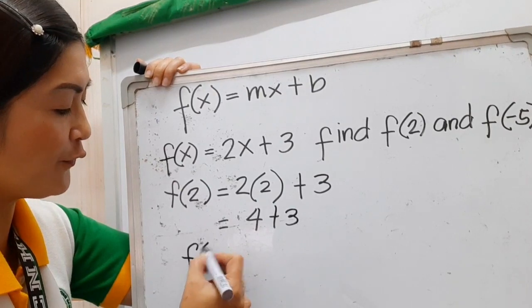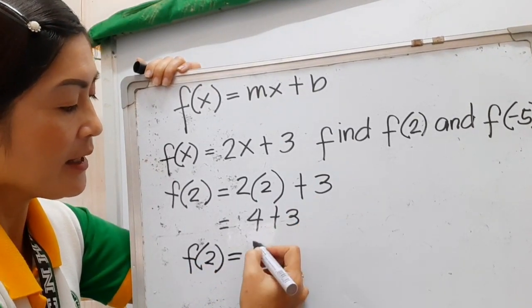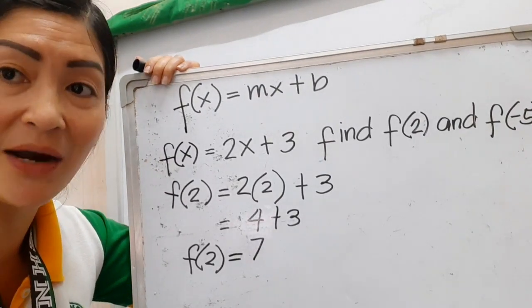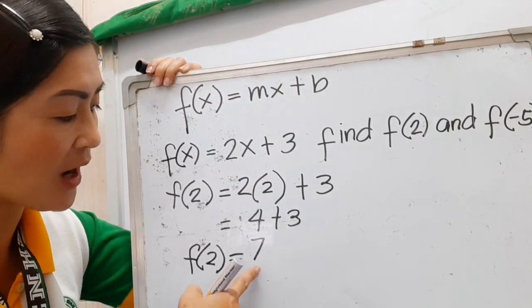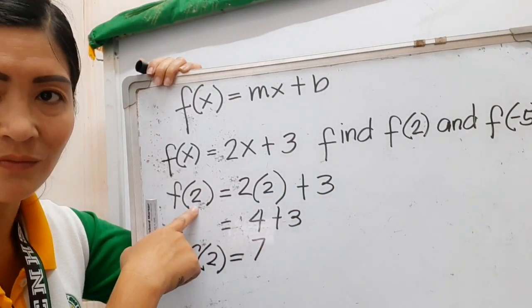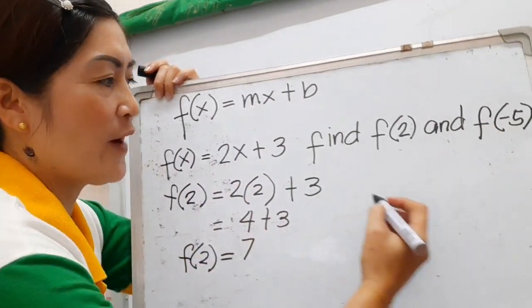Our f of 2 now, or the value of y, is 7. The value of y, we call the range. The range now is 7, and the domain is 2. Did you get it?